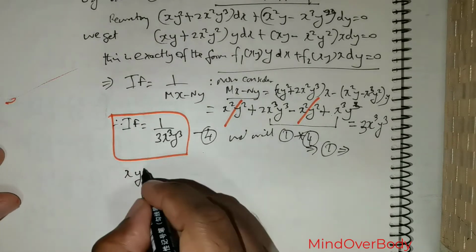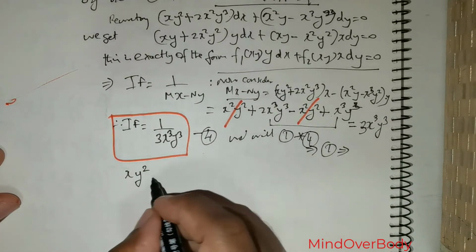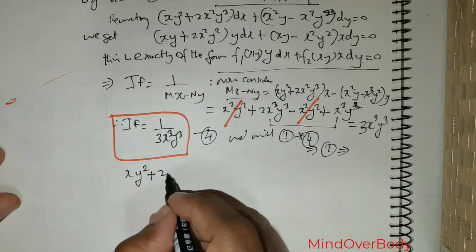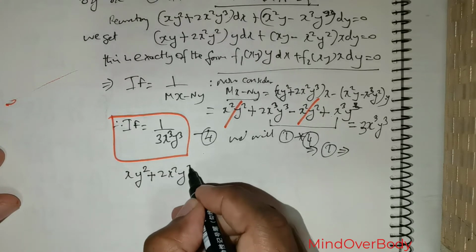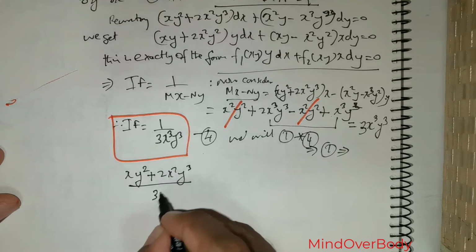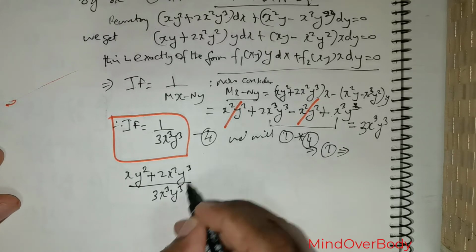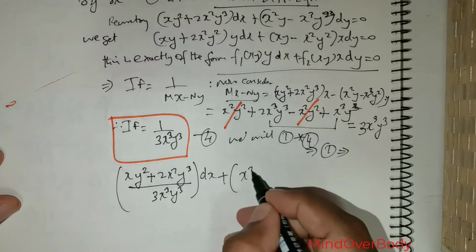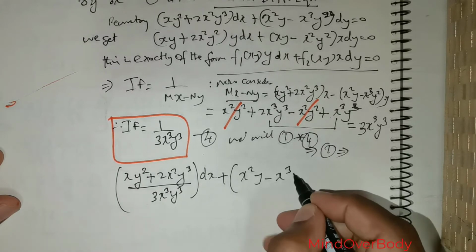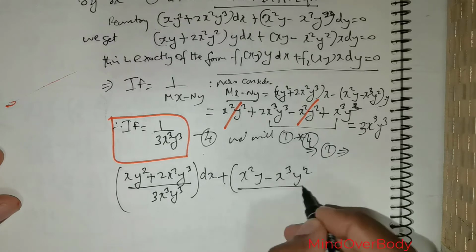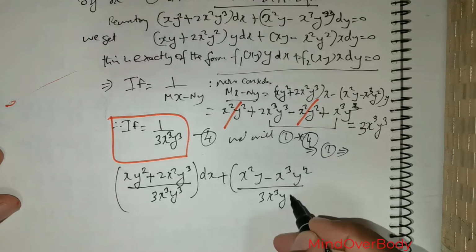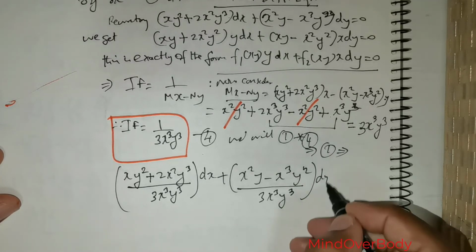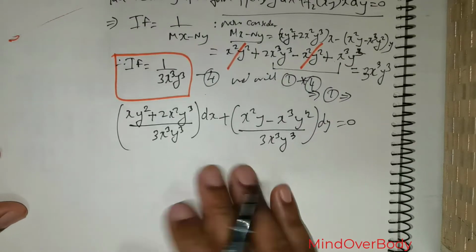So I can just use the original equation: (xy² + 2x²y³) divided by 3x³y³ dx plus (x²y − x³y²) divided by 3x³y³ dy is equal to 0. This is what I've got.